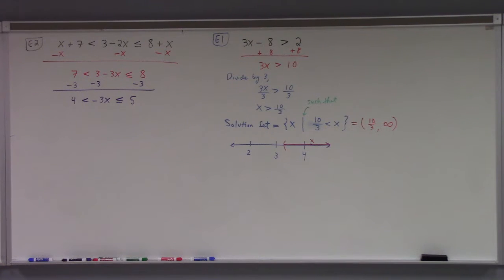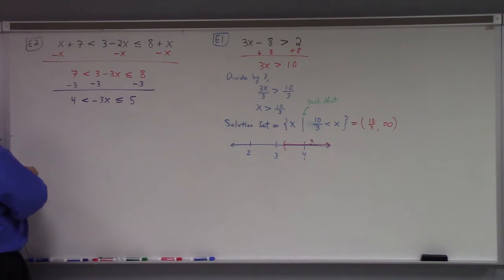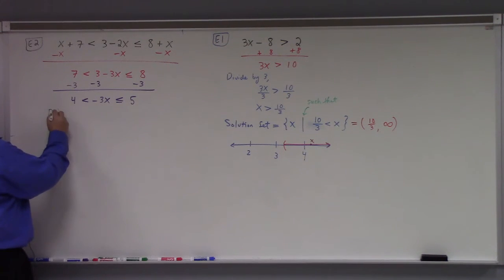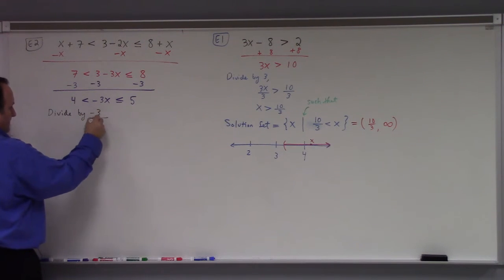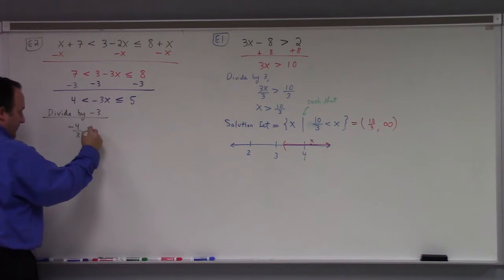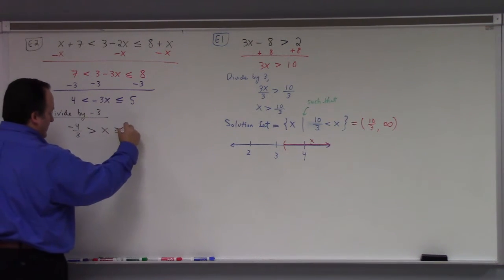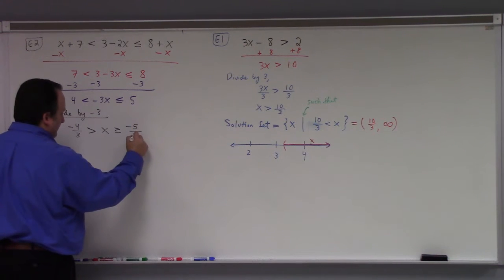Now what? Divide by negative 3. Right. You can do it, but what do we have to do when we do that? Yeah, we have to flip the less thans to greater thans, right? So I get minus 4 over 3 greater than x greater than or equal to minus 5 over 3.